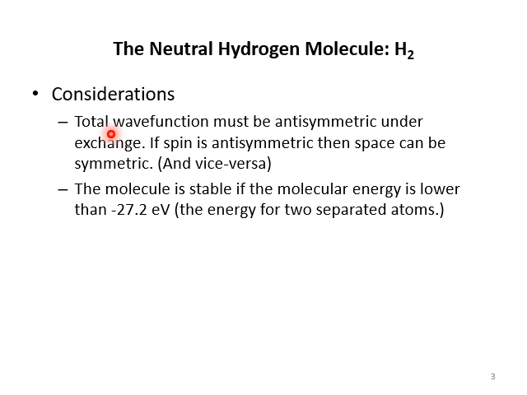However, if the lowest spatial state were antisymmetric, then the spins would be symmetric. We're going to find that the lowest energy spatial state is the symmetric state. The molecule will be stable if the molecular energy is lower than the energy of the two separated atoms, 13.6 electron volts binding energy per atom.